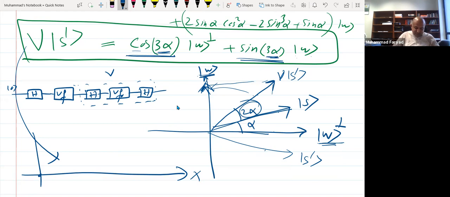So what has happened, let's say this is the amplitude of states other than W. And this is now the amplitude of the state that is W. So this is W. So it's called a diffuser because the amplitude of this W state is sort of being diffused to other states.